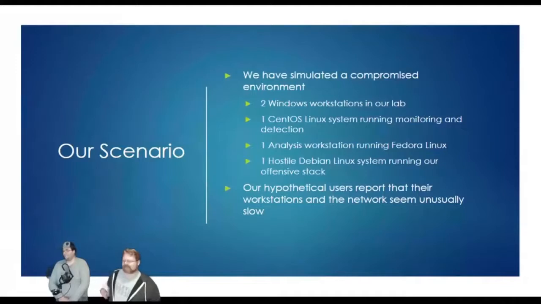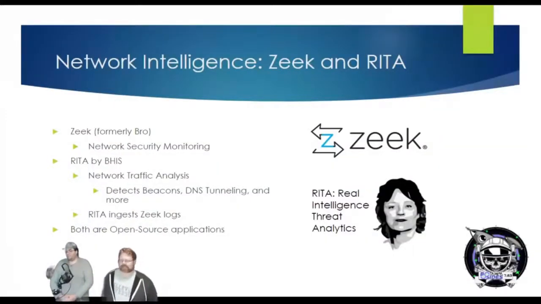Now, I'm by no means suggesting any distro is more suited to those roles. That's just how we set up our lab. Our hypothetical users are reporting that their workstations and their network seem unusually slow. So with that said, let's look a little deeper at our stack and what's going on.